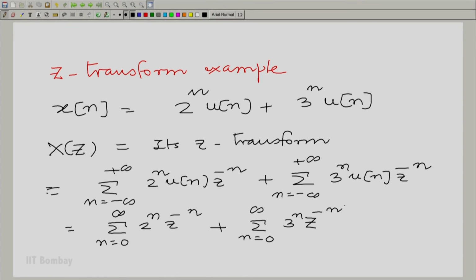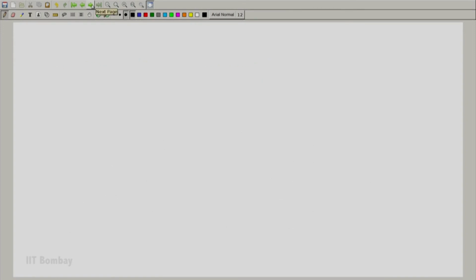Now, these are very easy to check for their convergence, they are both geometric series, and of course, you would require that both their common ratios have a magnitude less than 1 for convergence.